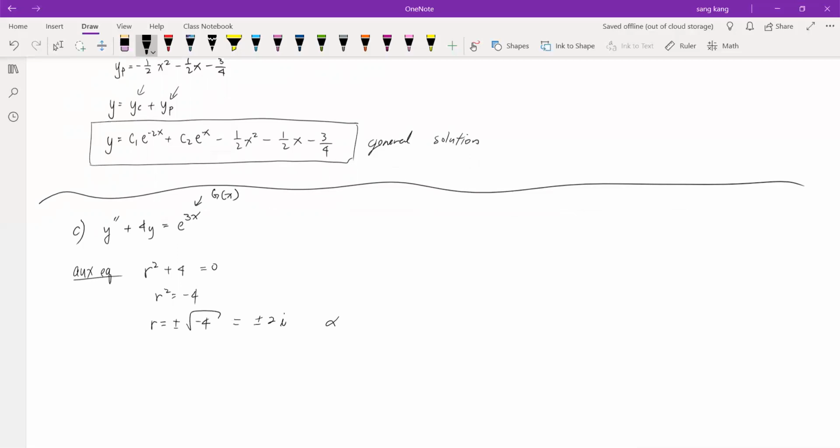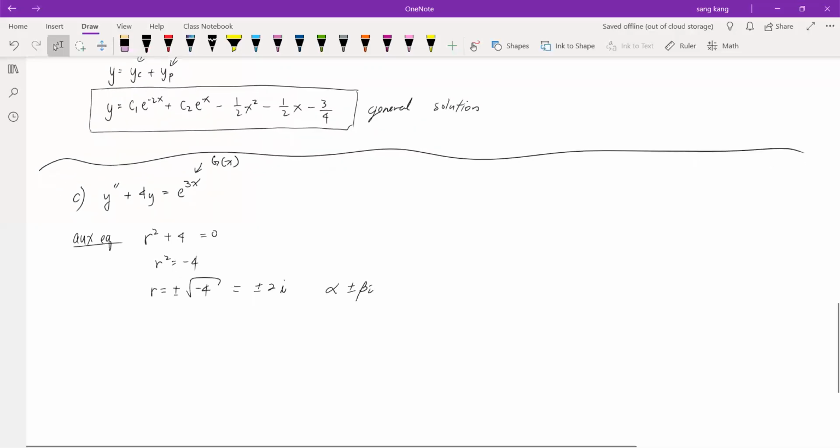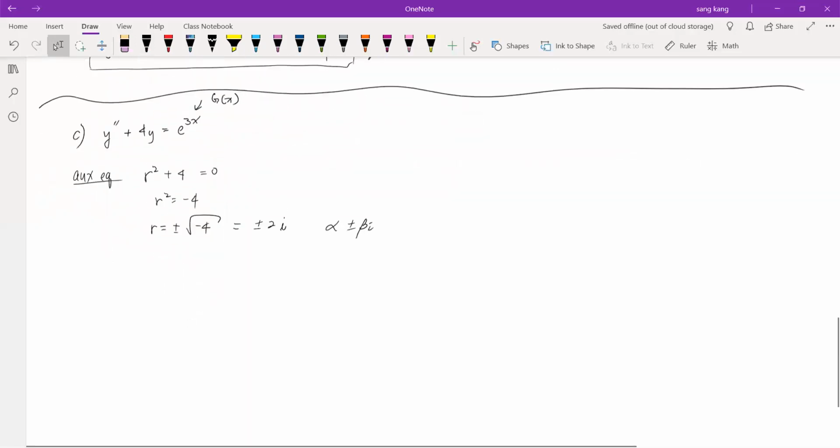And remember, alpha plus beta i is the general form, the Cartesian form, of this complex number. And our solution will be e to the alpha x times c1 cosine beta x plus c2 sine of beta x.